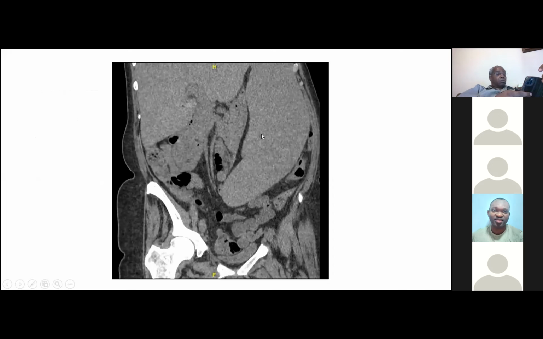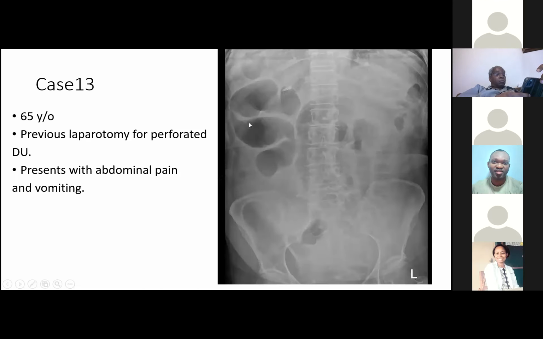You've got to put it in the context of other symptoms and the age of the patient. In younger patients, you really should be thinking of ultrasound first. If the patient is sicker, go for CT. Plain films can be falsely reassuring, so that's why you tend not to do them first.